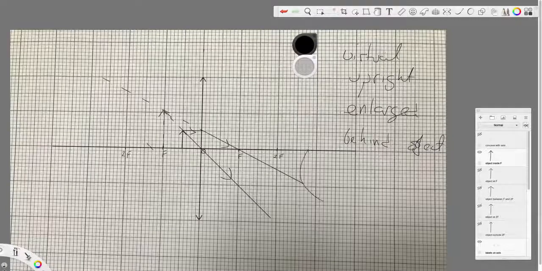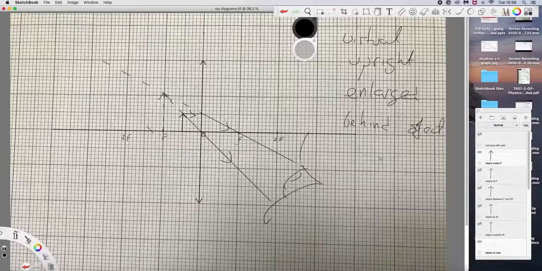So if your eye was down here, looking through this lens at this object, you would see an enlarged upright image. So this then, where the object is inside the principal focus of a convex lens, that is a magnifying glass.